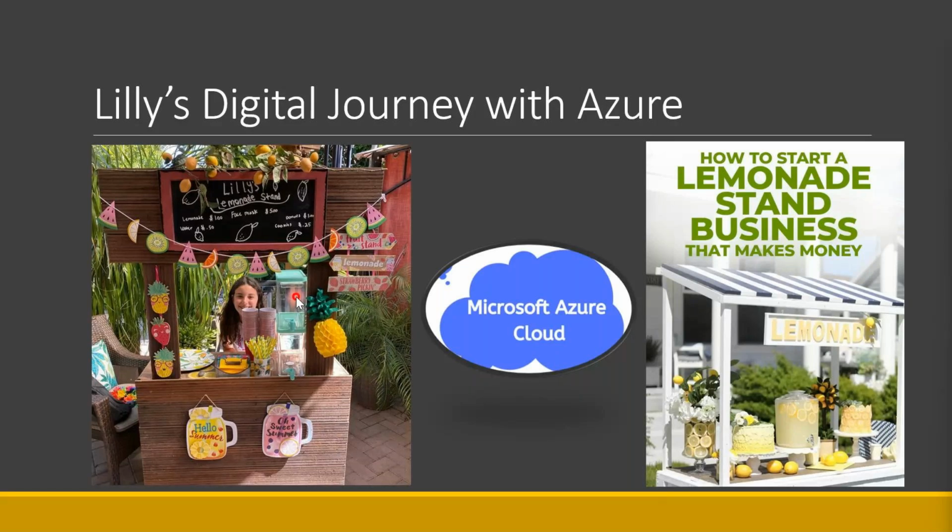Here you can see Lily is having a lemonade stand. She is actually having a small business where she is running a small lemonade stand in her neighborhood. This lemonade stand attracts more customers during the summer season, but her business slows down during the winter or in the other seasons.